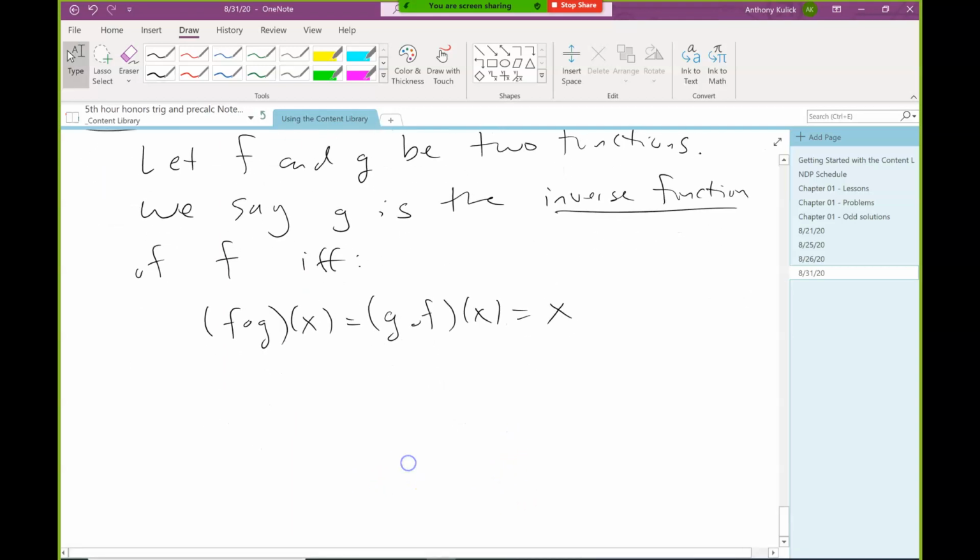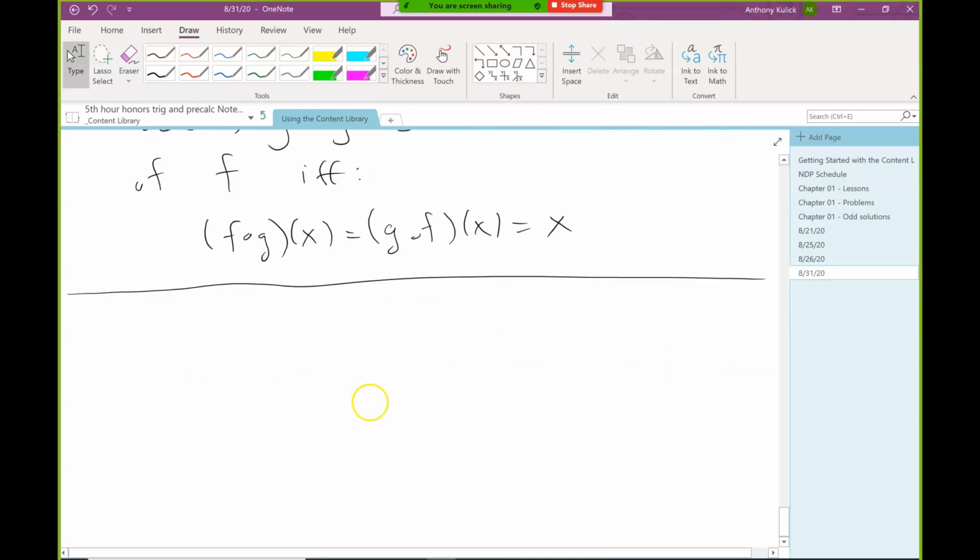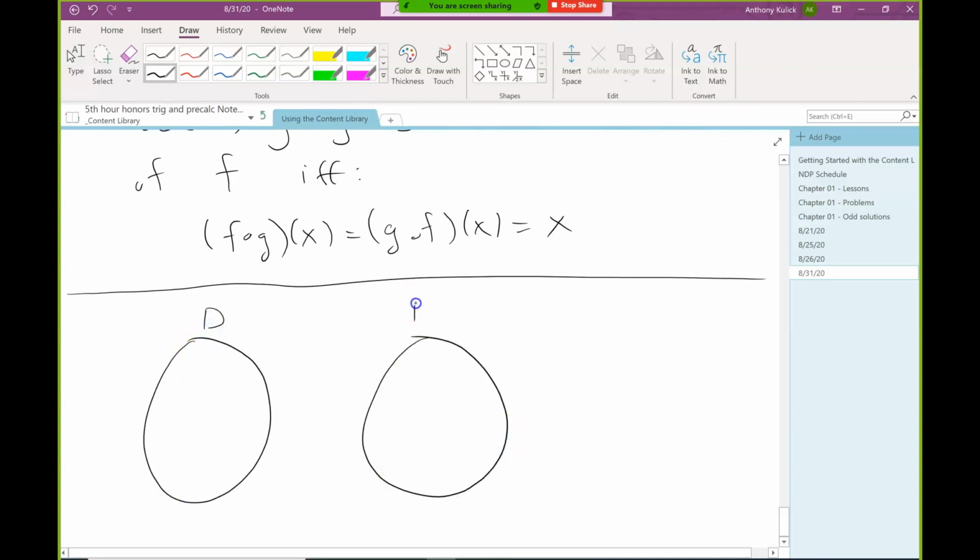Okay, we'll circle back to this idea here in a minute, but let's talk a little bit more about what we mean by an inverse function. So let's say we just have two functions here. I'll call this function here in red f.